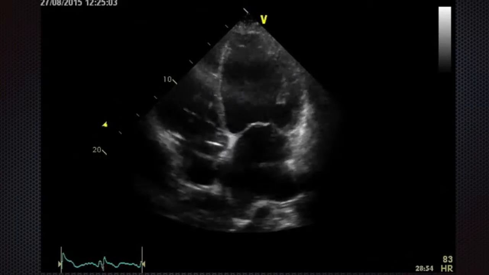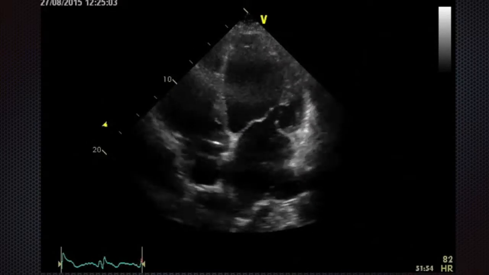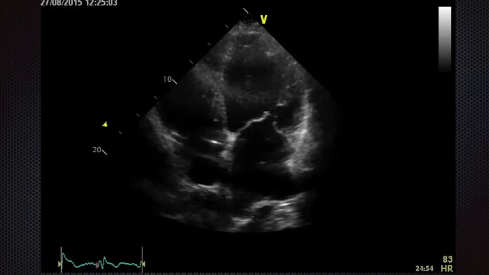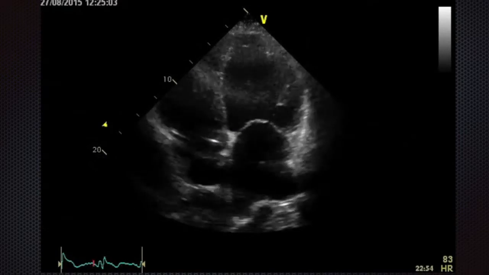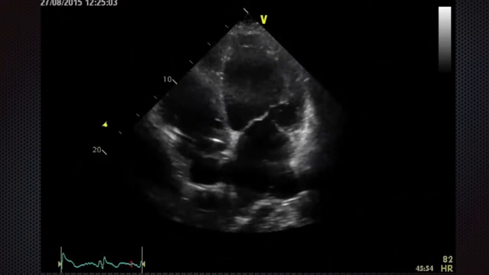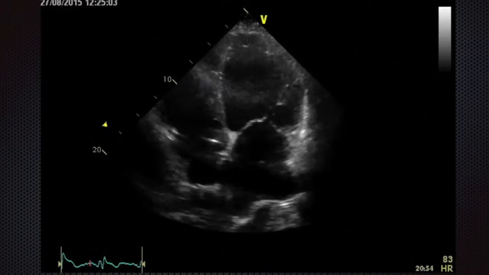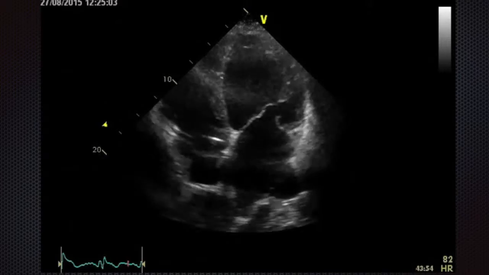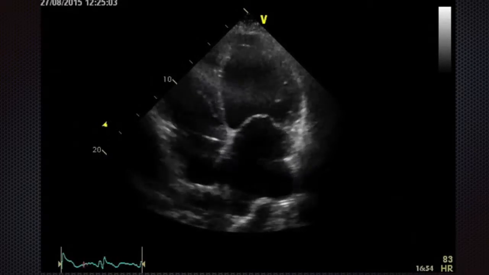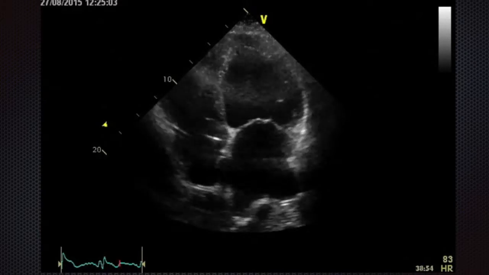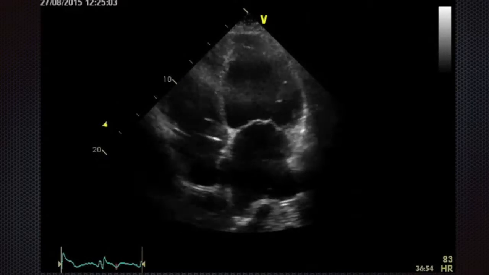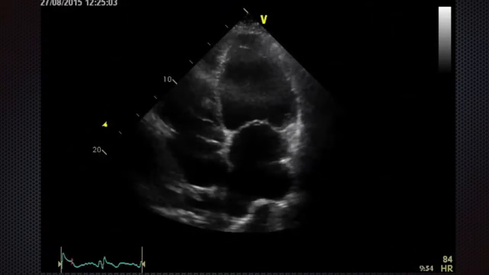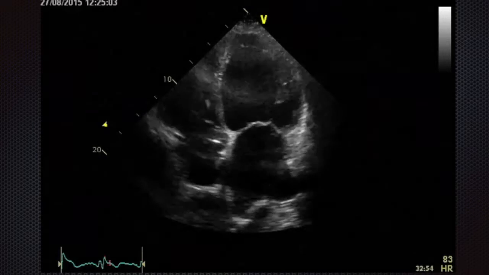There is some thickening and movement of the apex of the left ventricle, which you can see here. There's also a suspicion that the internal diameter at the end of diastole of the left ventricle is probably large as well. So this might be dilated with poor performance. Just looking at this, you can see this heart is not very well.